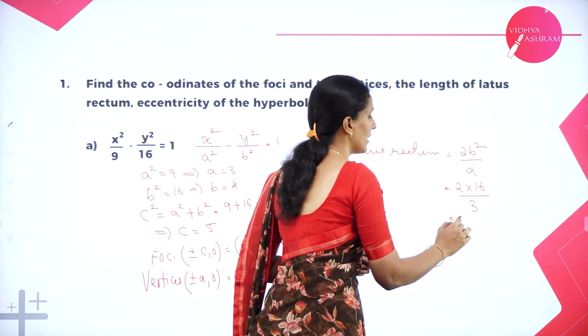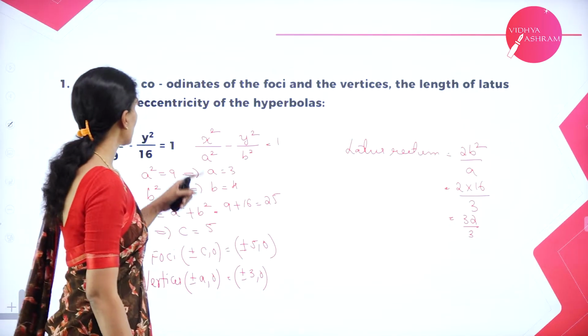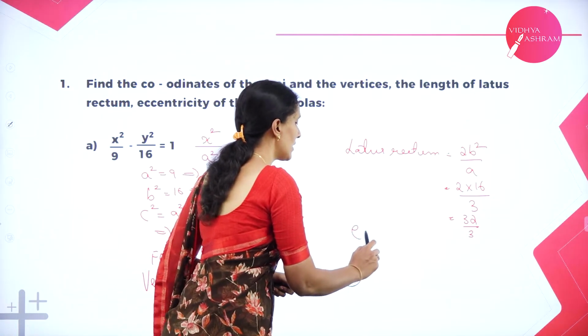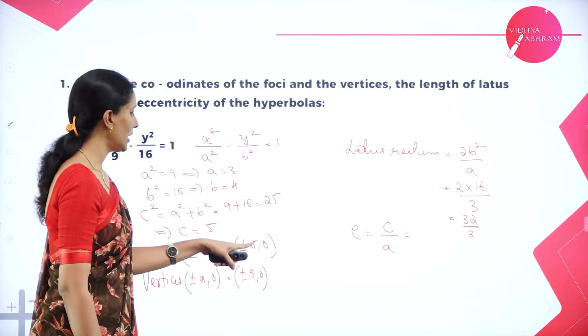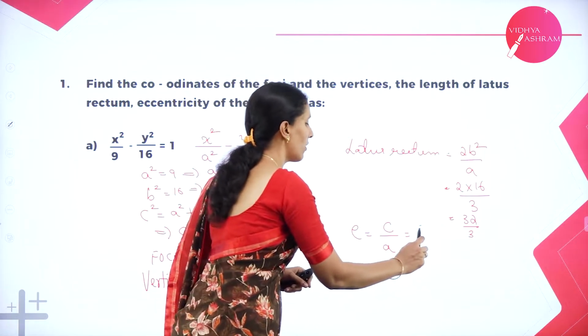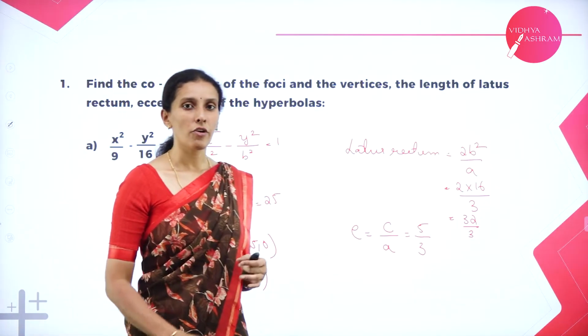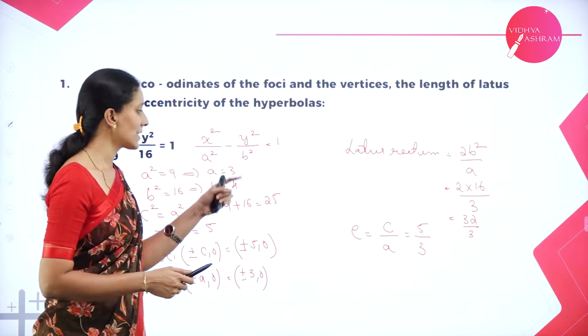So clearly it is 32 divided by 3. Next they have asked you to find out the eccentricity of a hyperbola. Eccentricity is nothing but c by a. So what is the value of c we got? It is 5. a is 3. So therefore the value is equal to 5 by 3. Suppose they ask you length of transverse axis. It is 2 into a, which is 2 into 3, 6.